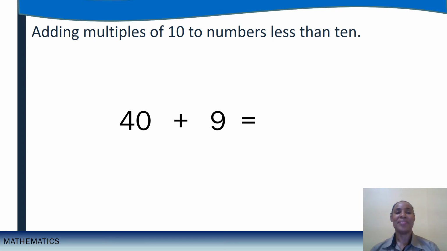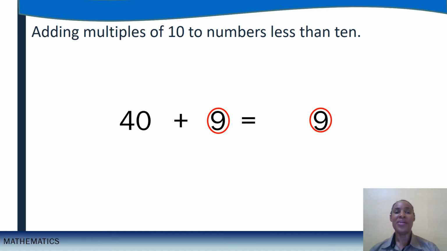Let's check. Now, the number 40 has 4 in the tens place and 0 in the ones place. When we add the ones, we are adding 0 ones to 9 ones. 0 added to 9 ones is the same as 9.